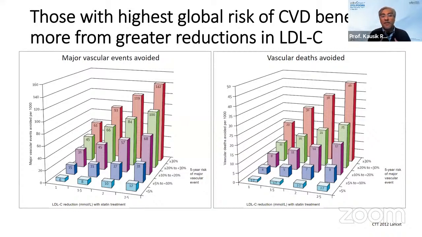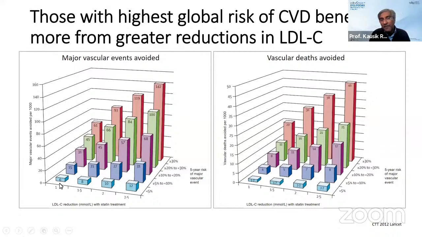But this benefit really depends upon what your starting level of risk is. So if you look at the number of events prevented, looking at 1,000 people at risk, and I look at people with an annual risk of less than 1%, and this is looking at essentially major vascular events and deaths are on the right.